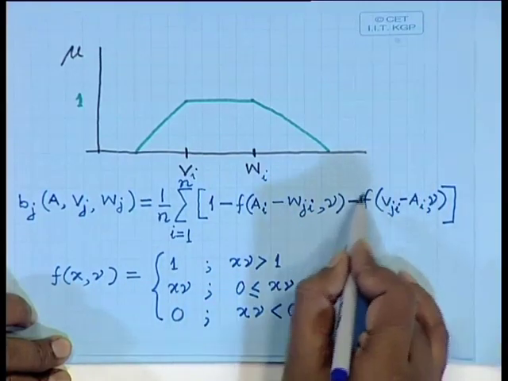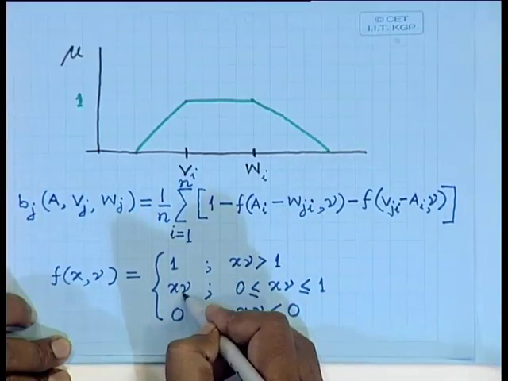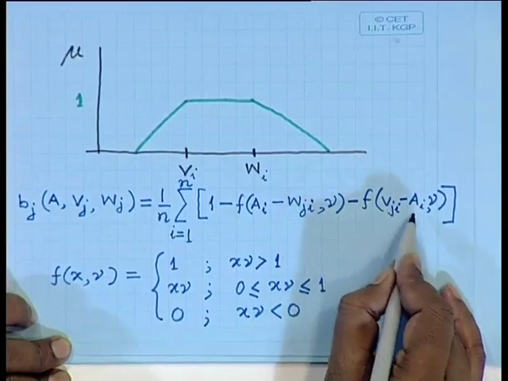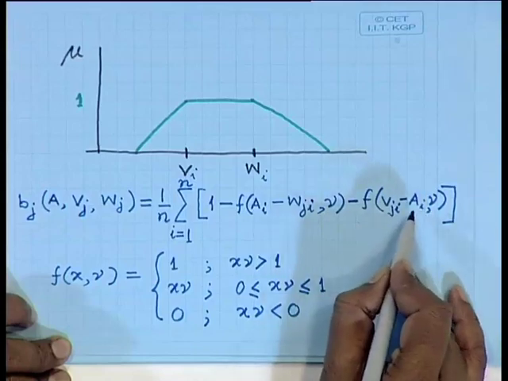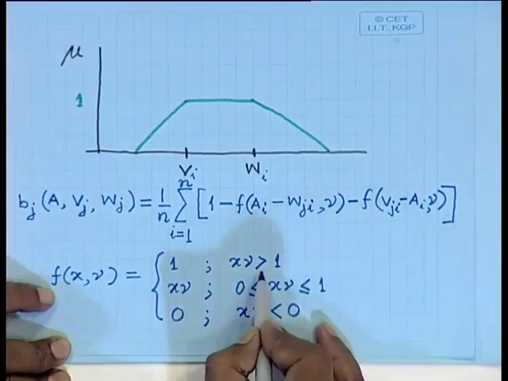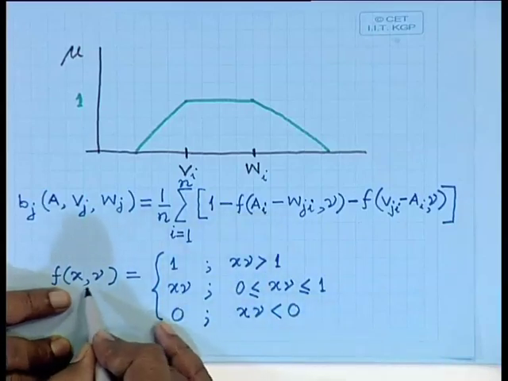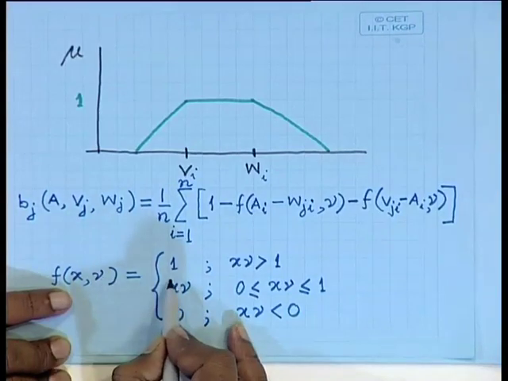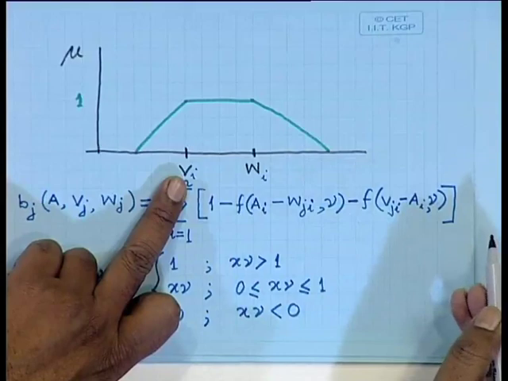Whereas, the value of this function will be either this or this, depending upon the value of v_ji minus a_i times gamma. So, if v_ji minus a_i times gamma is greater than 1, then the value of this f(x, gamma) is equal to 1. If this value is equal to 1, then this term gives 1 minus 1, that is equal to 0.